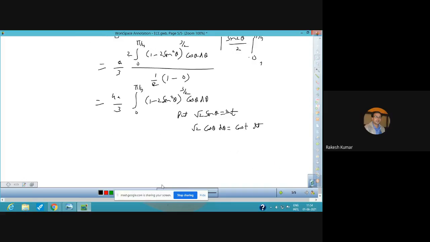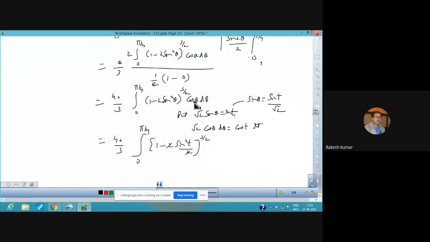Now you just see, you will have the expression 4a by 3, that is 0 to pi by 4. Now 1 minus 2, the value of sine theta. And from this, the value of sine theta is sine t upon square root 2. So put here, its square will give you sine square t upon 2. Now just see, why has this substitution been used? The formula is 1 minus sine square is cos square.